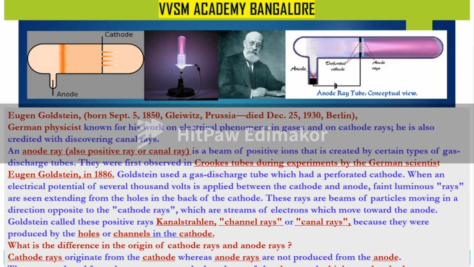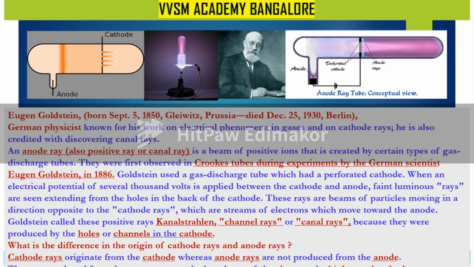These rays are beams of particles moving in a direction opposite to the cathode rays, which are streams of electrons moving toward the anode. Goldstein called these positive rays canal Strahlen, or channel rays, or canal rays, because they are produced by the holes or channels in the perforated cathode.